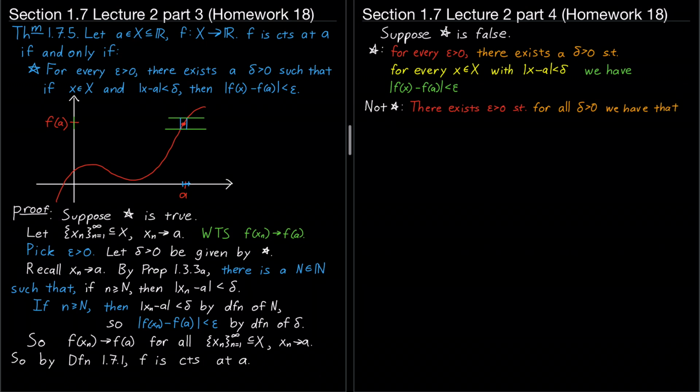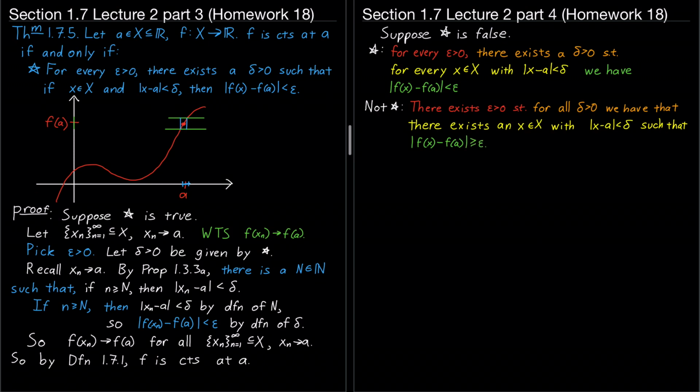And then this for every x in X flips to there exists an x in X with absolute value of x minus a less than delta, such that, and then we negate the very last thing, f of x minus f of a is greater than or equal to epsilon.